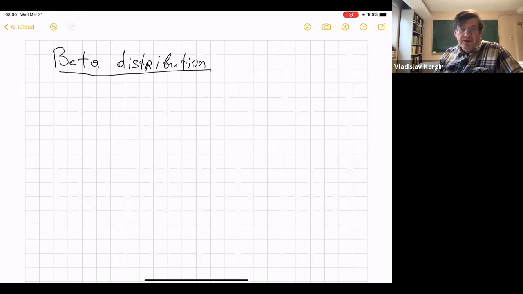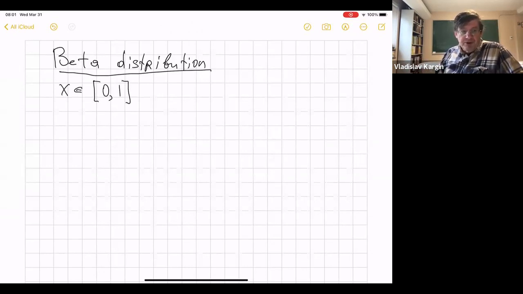to be between 0 and 1. So just kind of to model all variables which have values in a finite interval, but very often for variables which take values in the interval from 0 to 1. So it's something like a fraction of some quantity.